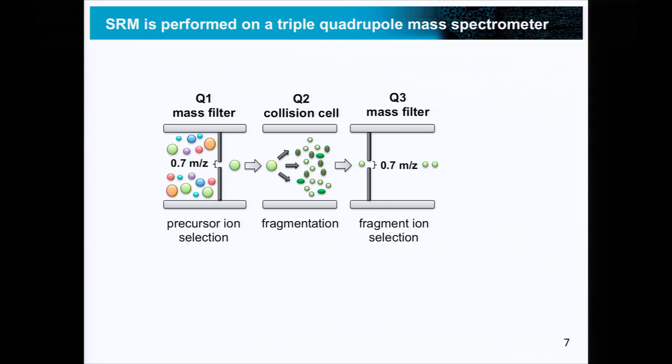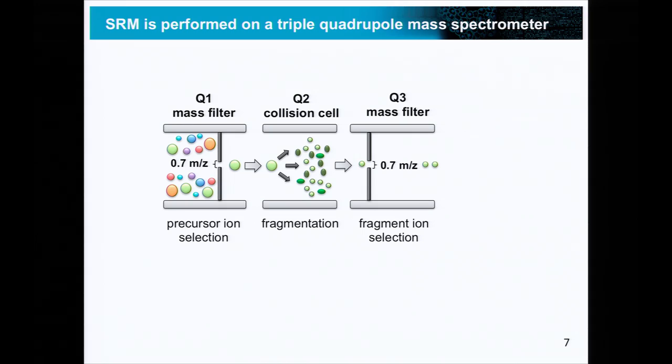So if now you run an SRM experiment, at a certain time point, a mixture of different co-eluting peptides might elute from your column, and then this mixture of peptides will enter the first quadrupole, and ideally now just one out of this mixture of peptides will get selected and will be able to pass the quadrupole.